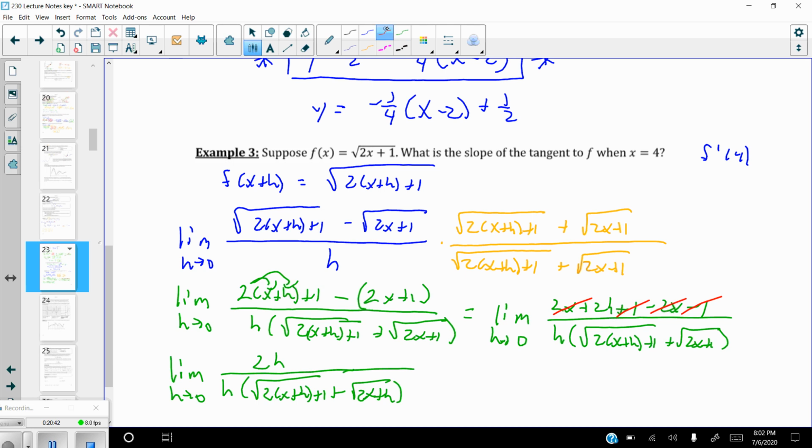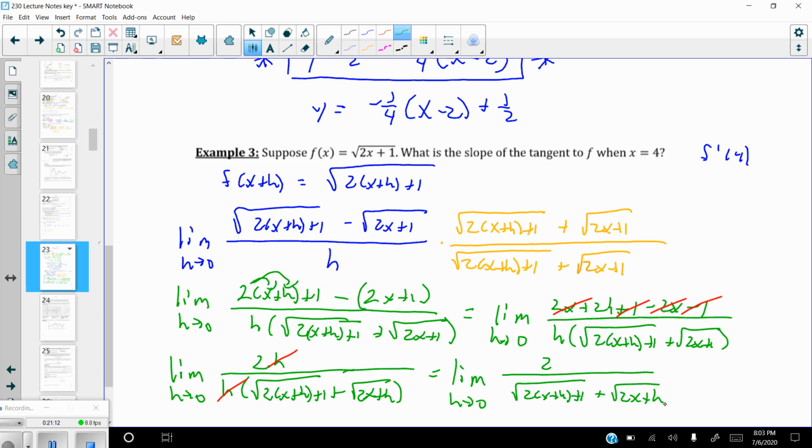And then it looks like my h's are going to go away, which means now, after all that, I have to write it one more time. But then I'm going to be able to evaluate pretty soon here. So now we're just going to be left with this square root plus the other square root in the bottom.